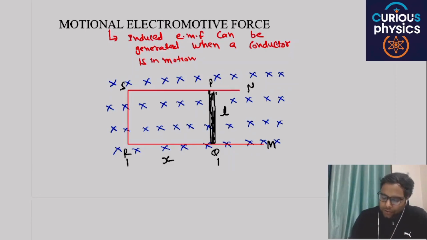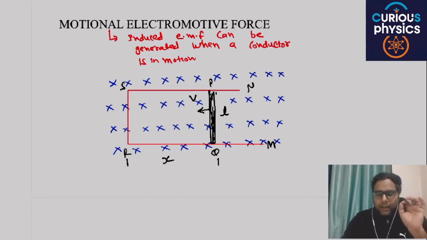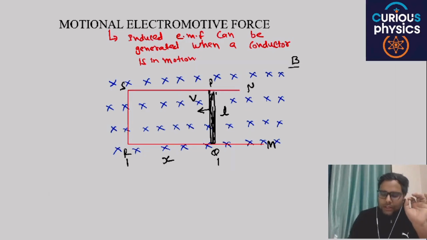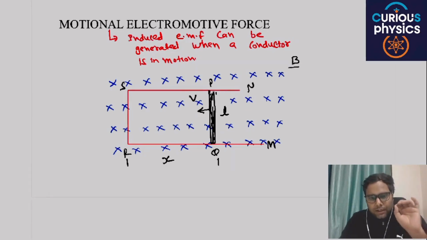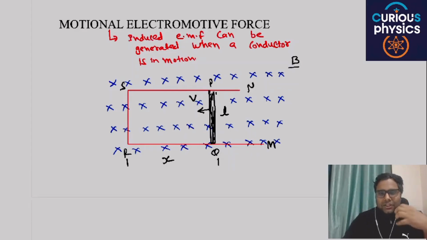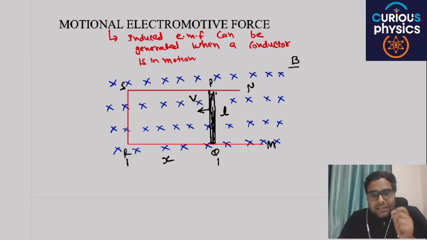In this case, the section PQ, or the rod PQ, is moving with speed V. If this rod PQ, with magnetic field B, is moving in the left direction, then is the magnetic flux increasing or decreasing? Because the area is decreasing, the magnetic flux within the loop PQRS is decreasing.